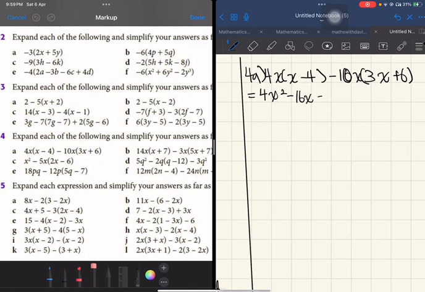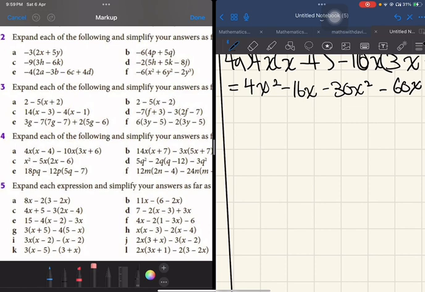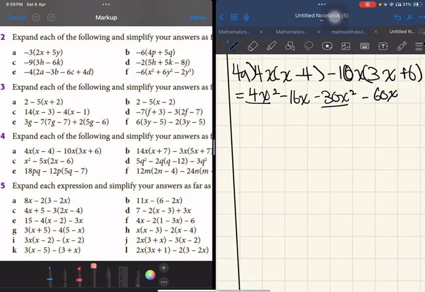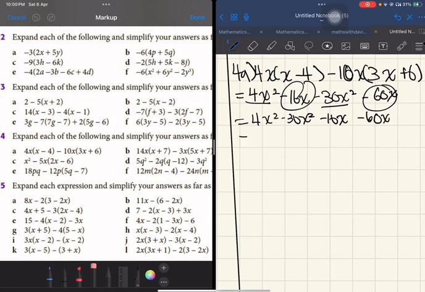Negative 10x times 3x, you're going to get negative 30x squared, and then here's going to be 60x. So these are the like terms. There's another one. So I'm going to write it like this. Final answer is going to be negative 26x squared subtracted by 76x.